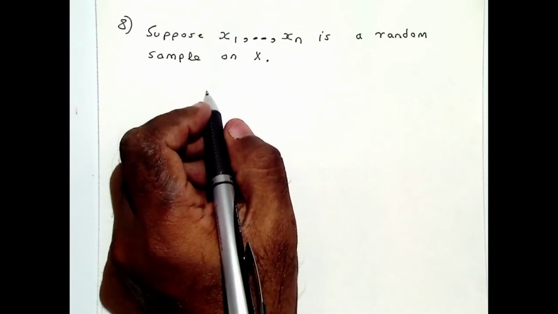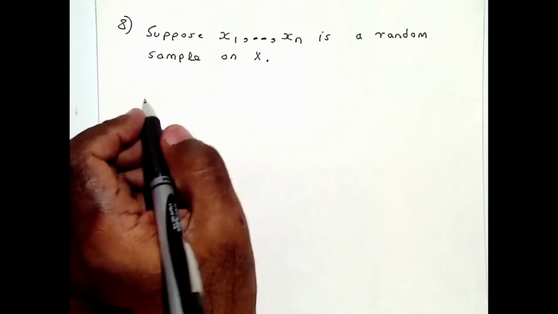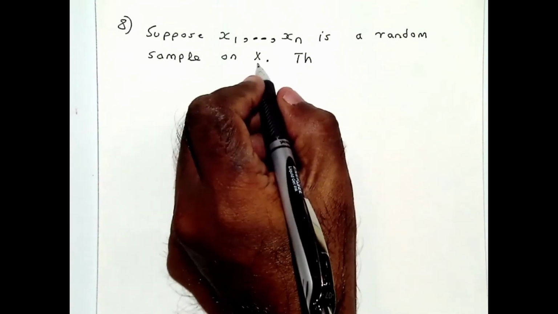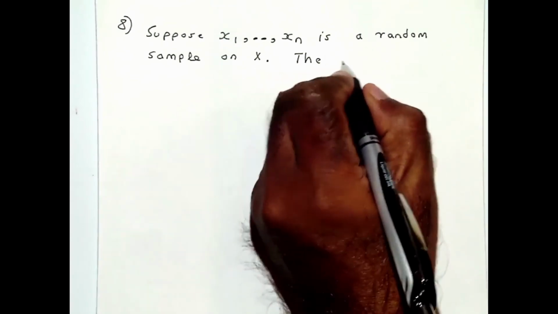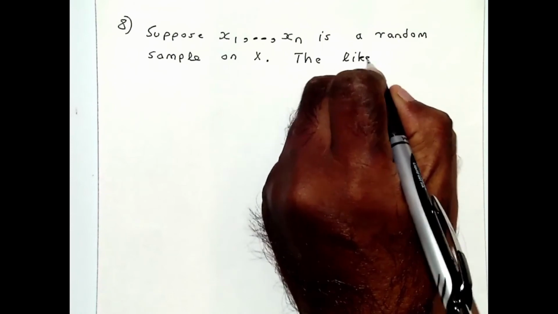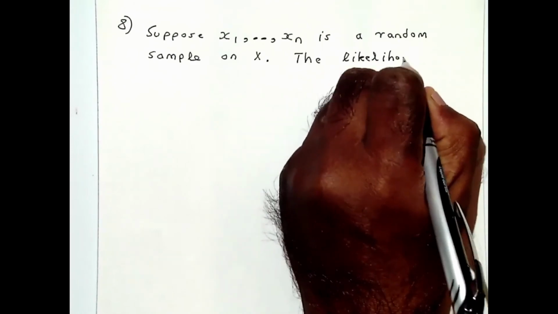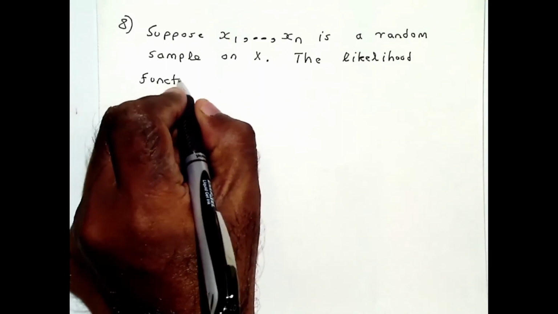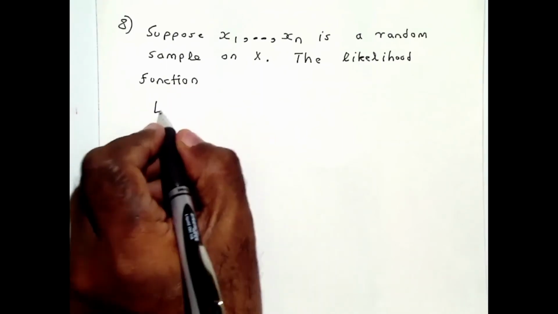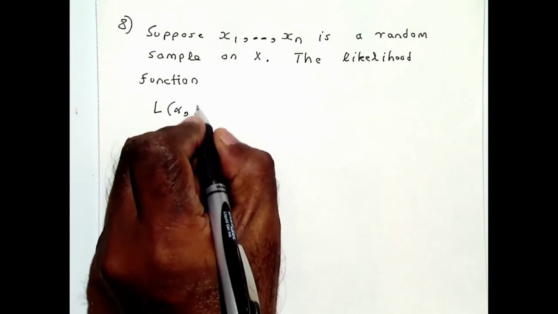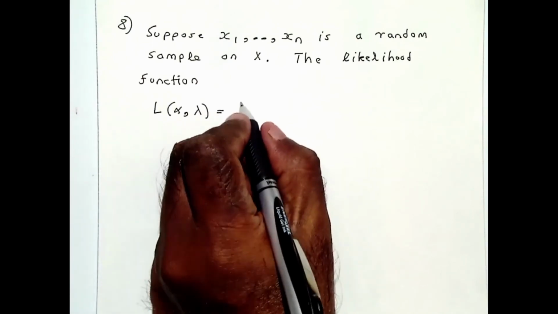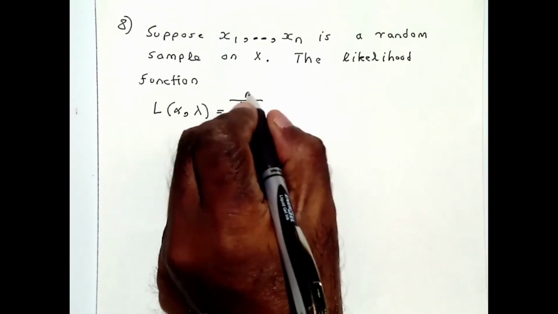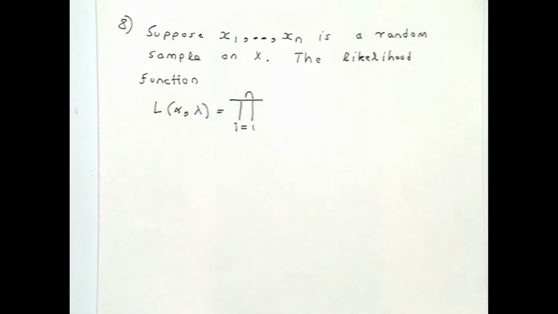Suppose you have a random sample on x. Then the likelihood function, x being the most expensive asset, is a function of two parameters, alpha and lambda. It's going to be the product of the density function of x, which we already worked out in part 2.